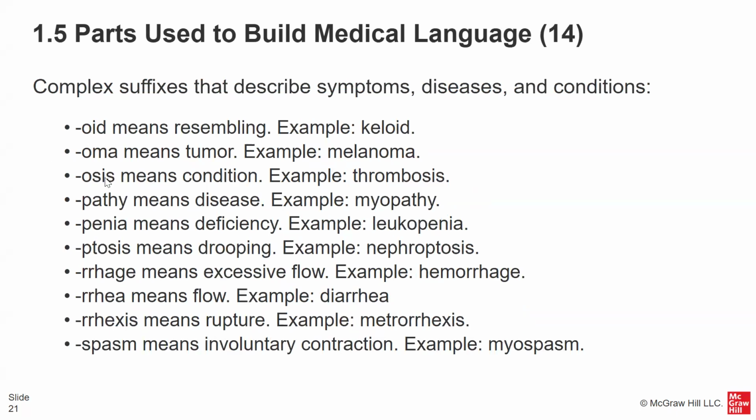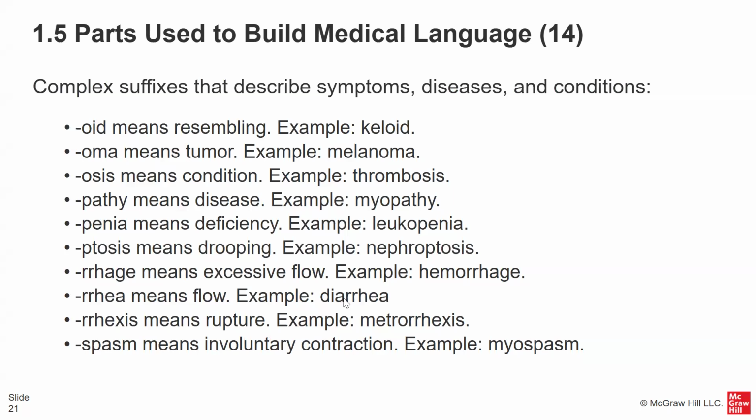Oid, oma, osis, pathy, penia, ptosis, rrhage, rrhea, rrhexis, spasm. All of these are suffixes that we will learn and use in chapter 1. For example, here, diarrhea. Not a fun time, right? Not a good condition to have.